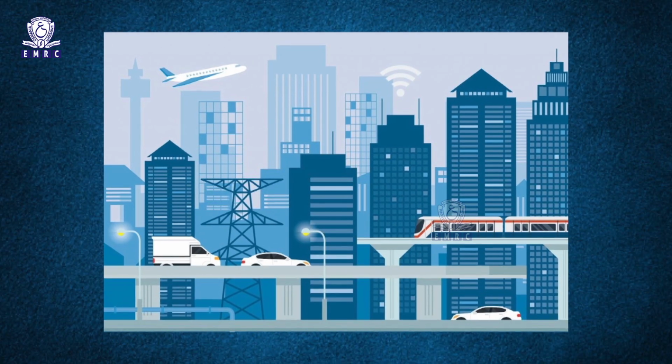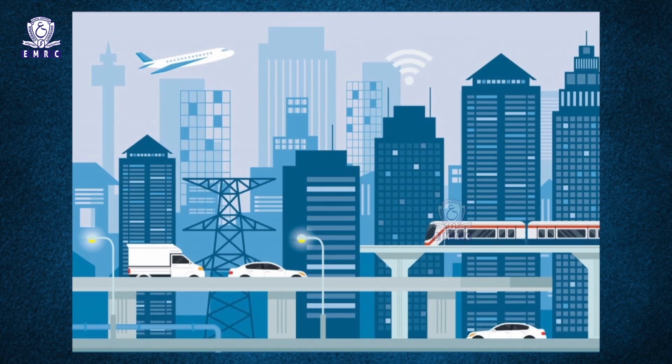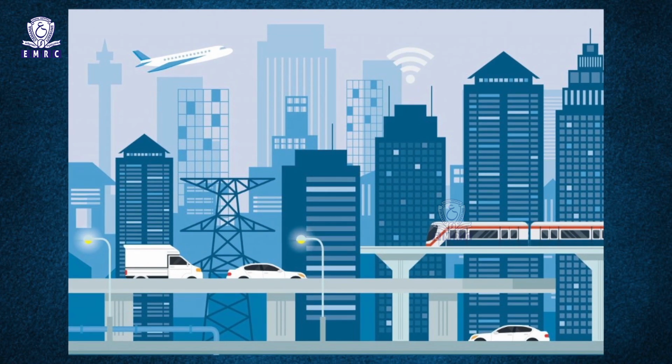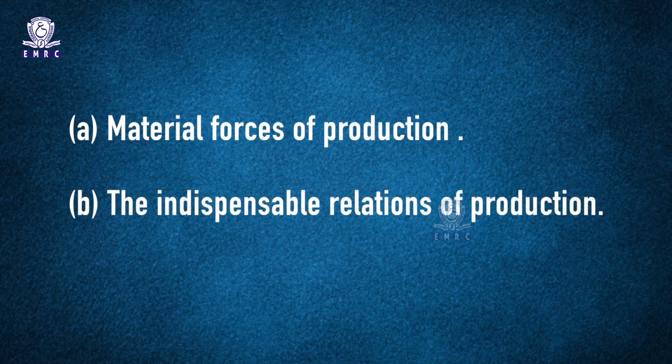The form and structure of every society is determined by its economic structure. This economic structure is referred to as the infrastructure of society. This infrastructure consists of two things: A, material forces of production, and B, the indispensable relations of production.